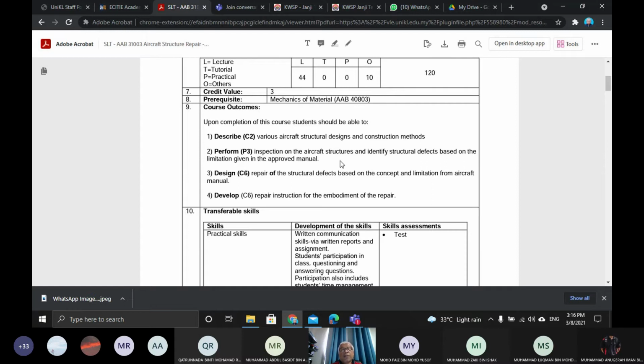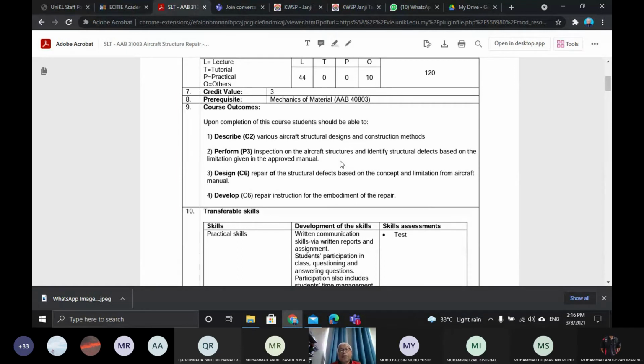The aircraft manufacturer publishes many manuals, and the manuals are the reference for us to work on the aircraft, to repair, to inspect, even to do detailed work like machining, grinding, drilling holes, cutting. Those information are given in the aircraft manuals.